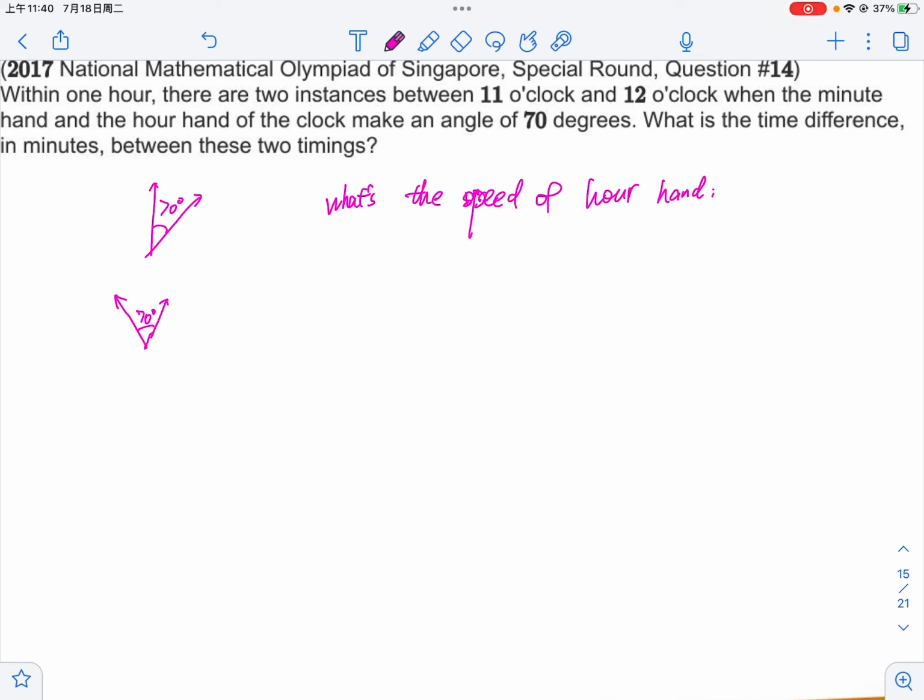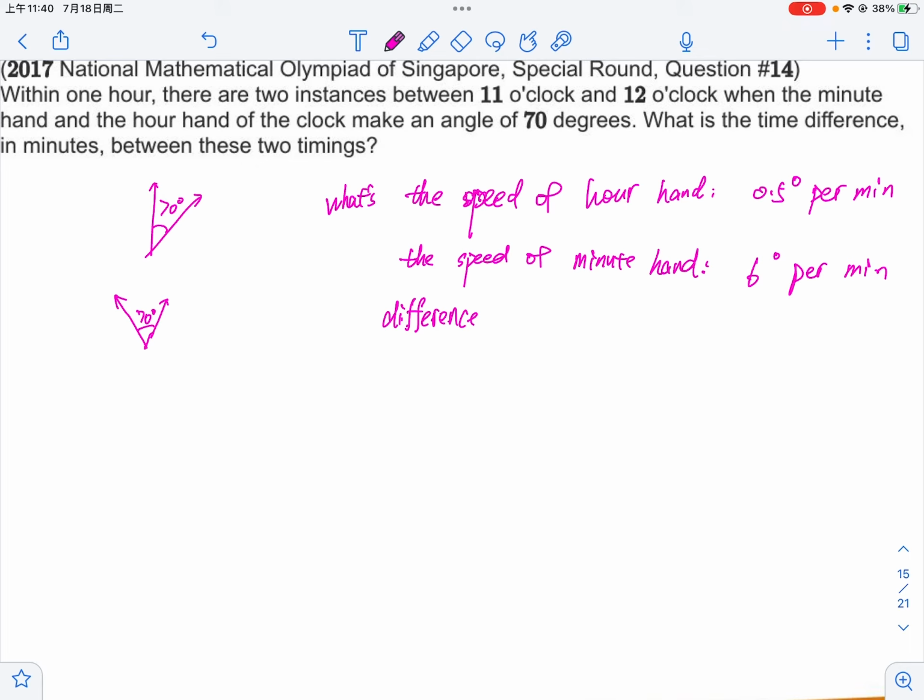You should always remember the speed of the hour hand is 0.5 degree per minute, and the speed of the minute hand is 6 degrees per minute. So the difference between the hour hand and minute hand is very important. It's 6 minus 0.5 equals 5.5 degrees per minute.